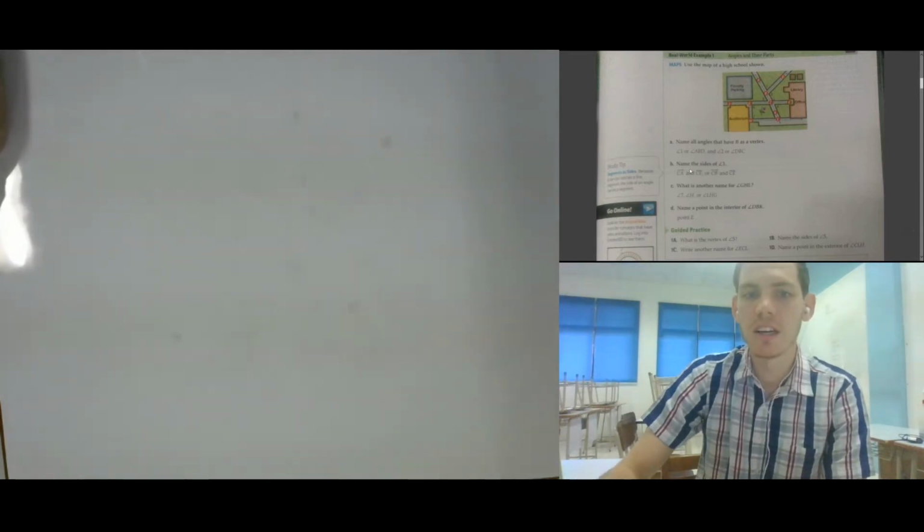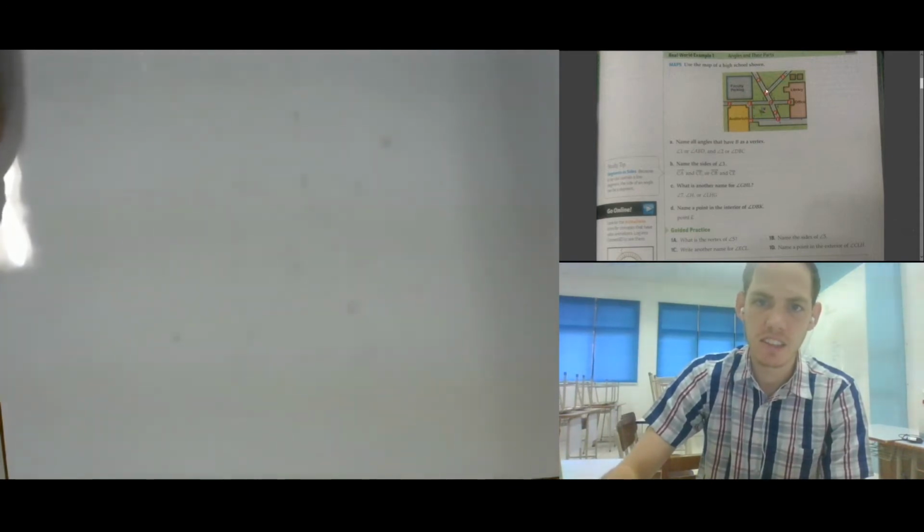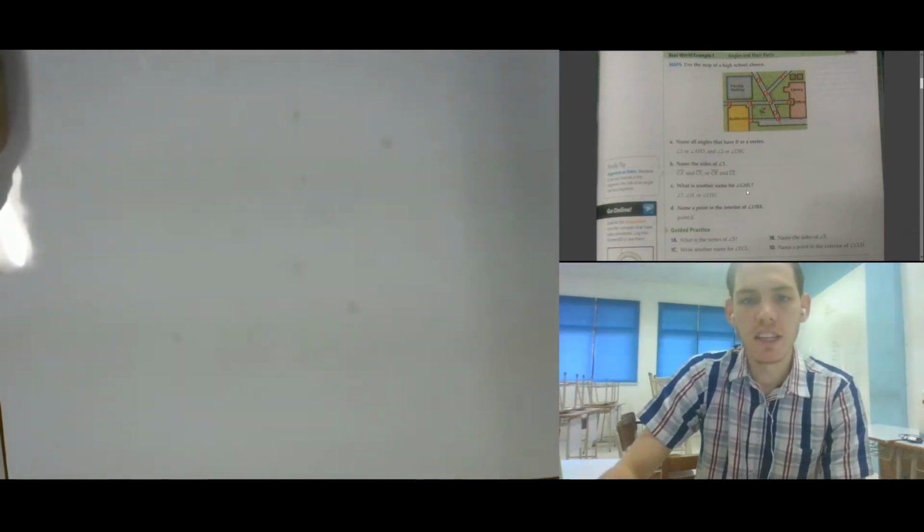Name all sides of angle 3. BC would be one side, or ray CB, or CE. You could also say ray CA, because that ray is continuous. It's collinear right there. What's another name for GHL?